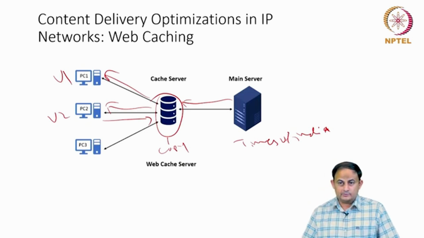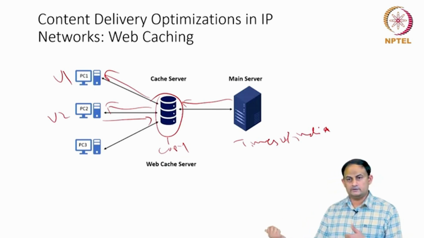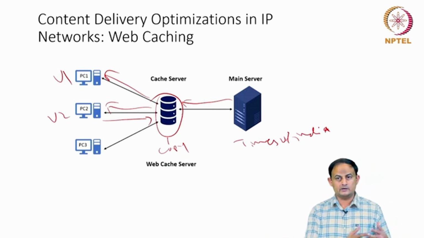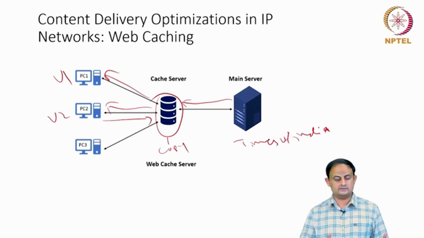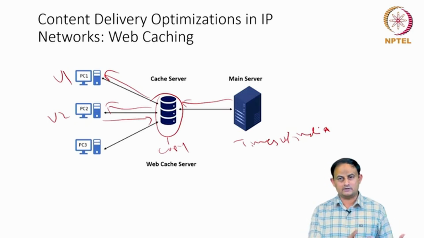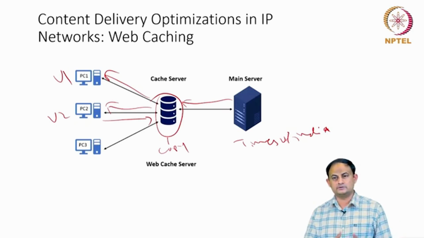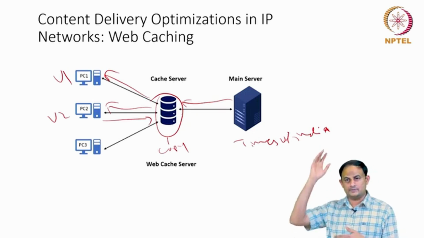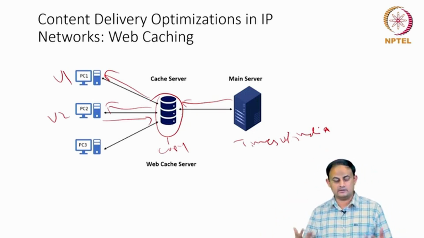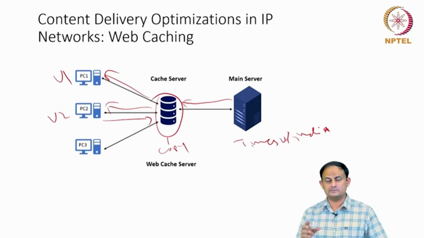But that is one way of doing it, and it obviously comes with some negatives. What is the negative? If the content on the main server changes, and you are keeping a local cached copy, then the updated content may not be served. It goes with that assumption. Even if I serve the cached content to the end users, the entire page of timesofindia.com may not have changed, only a fraction of it, maybe one link or one image, so it is still useful to the user.